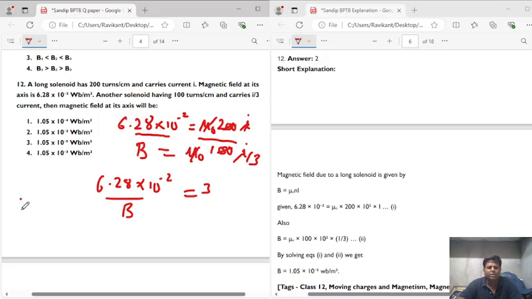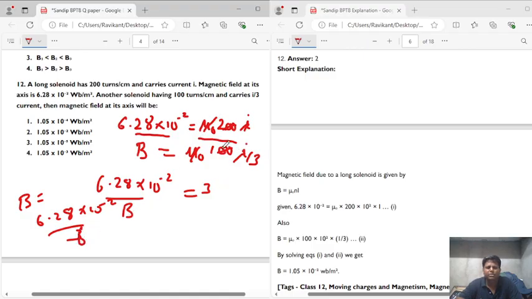So we'll get B equal to 6.28 into 10 to the power of minus 2 upon 3.